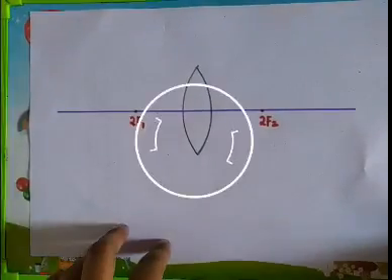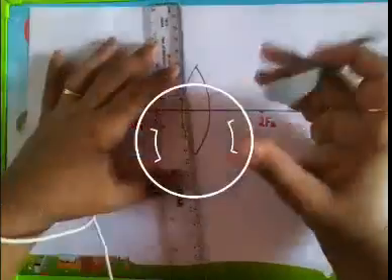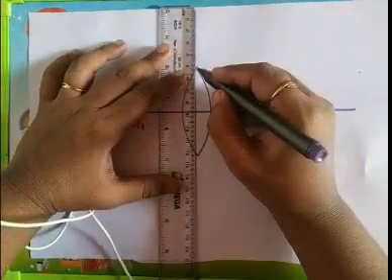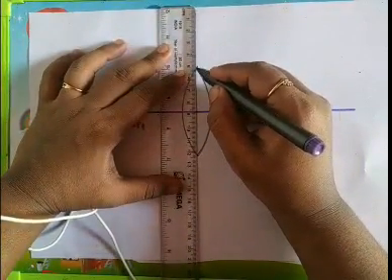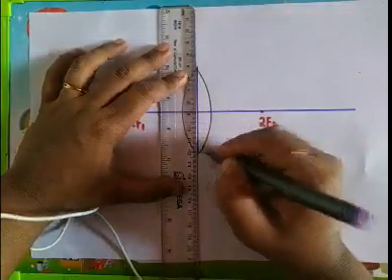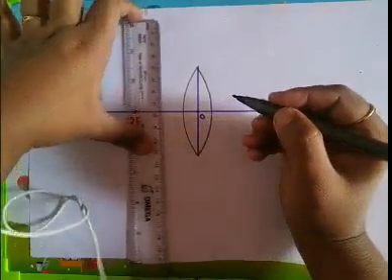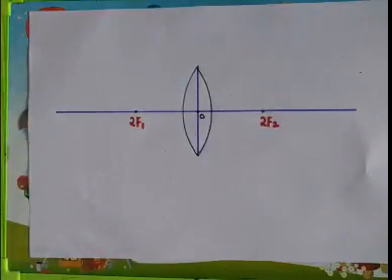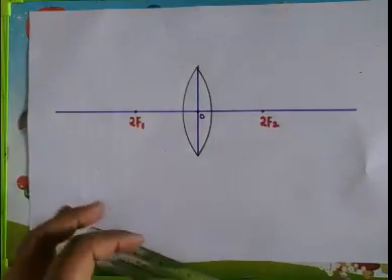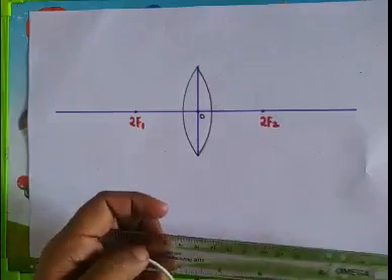Now in this convex lens, first we will mark the optical center. This point would be the optical center. After this, we need to mark or locate the focus point.